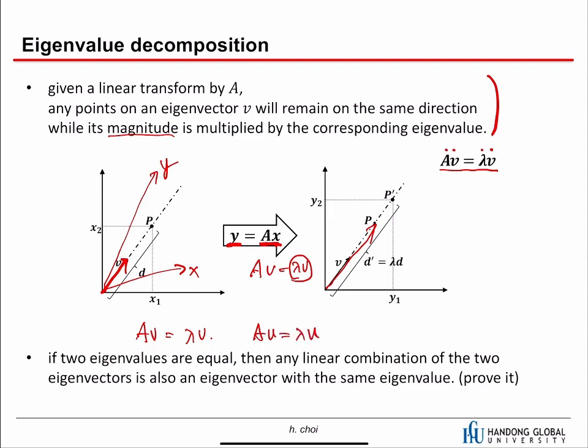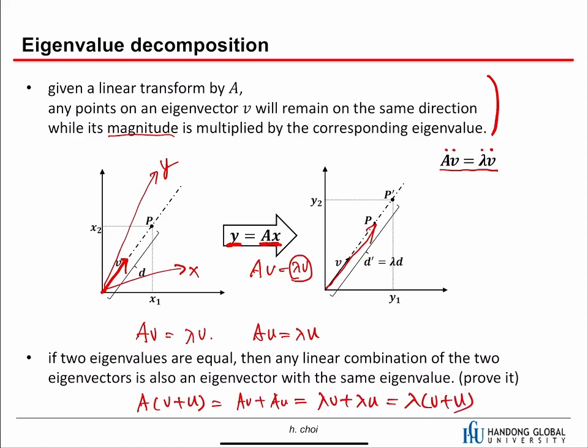Then A times (V plus mu U) is lambda V plus lambda mu U, which is lambda times (V plus mu U).